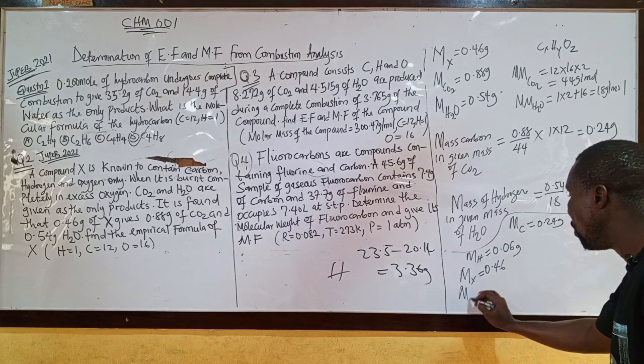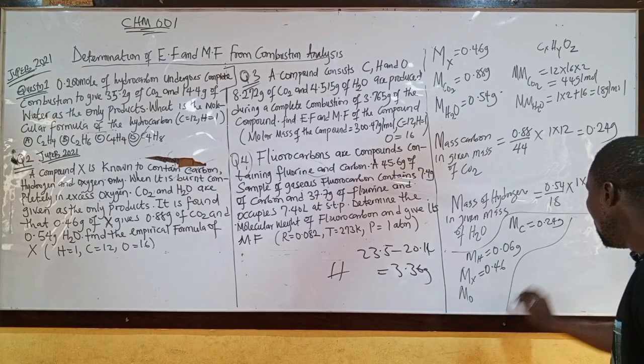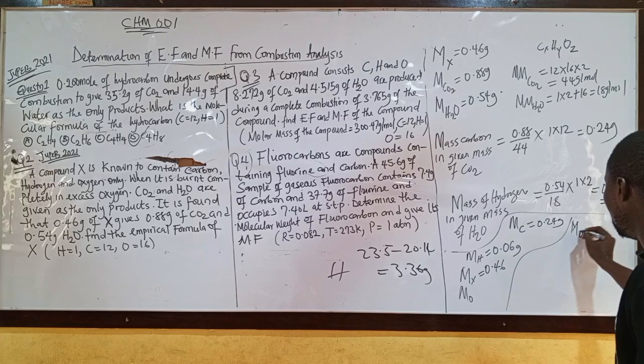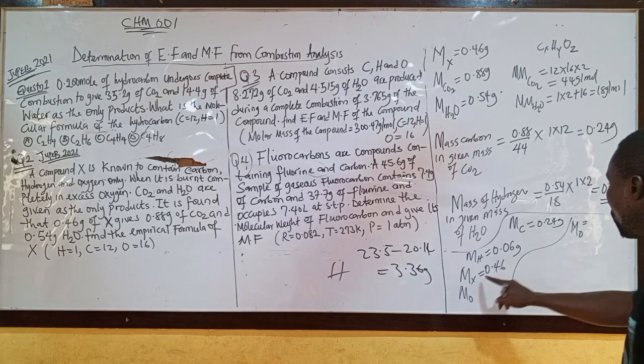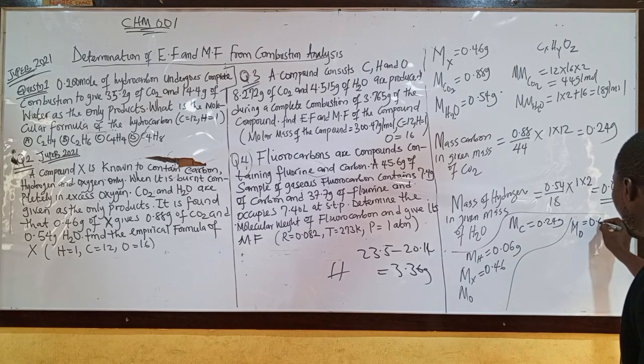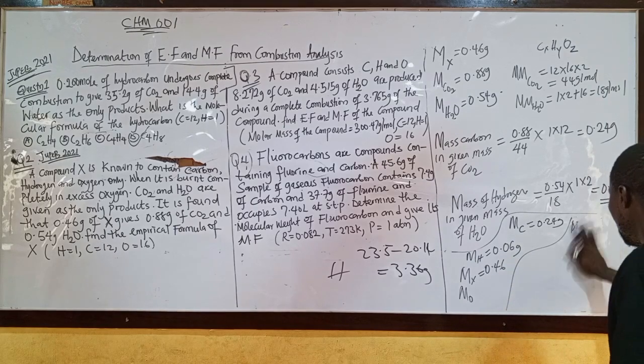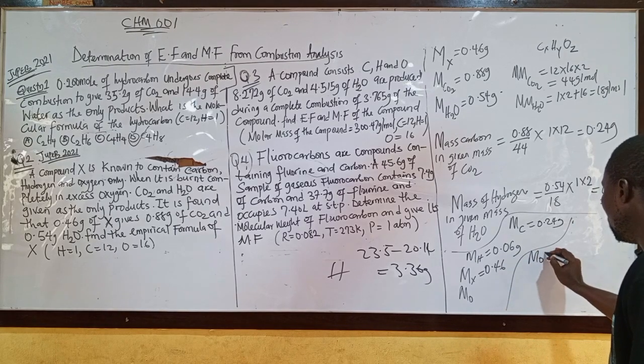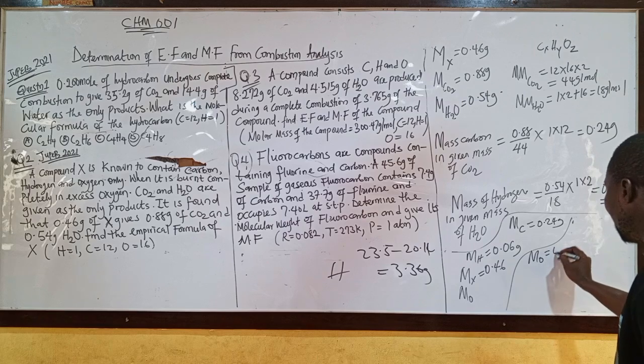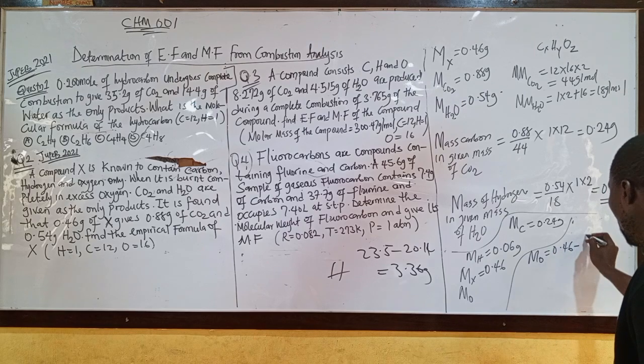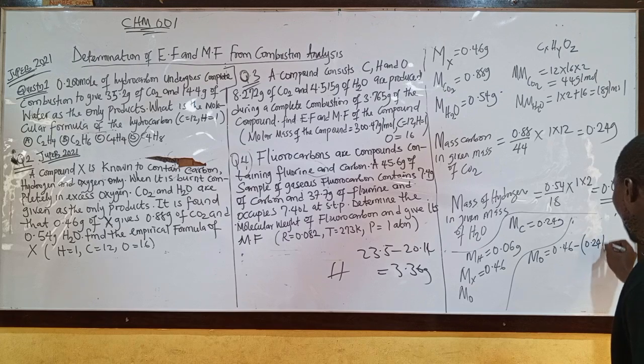Therefore, to get the mass of oxygen, you say mass of oxygen equals mass of the compound, 0.46, minus the mass of carbon, 0.24, plus the mass of hydrogen, 0.06.